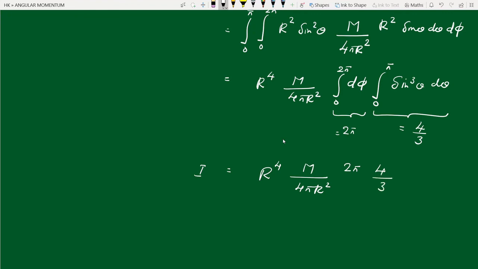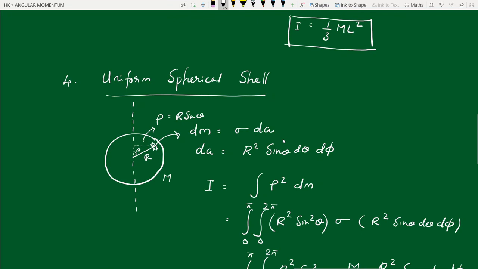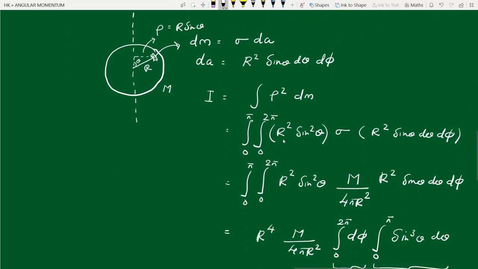So 4 pi will cancel, 4 will cancel, and we have 2 by 3 M. R squared and R raised to 4 will cancel, so we have 2 by 3 M R squared. So the moment of inertia of a uniform spherical shell about an axis passing through its center is 2 by 3 M R squared.